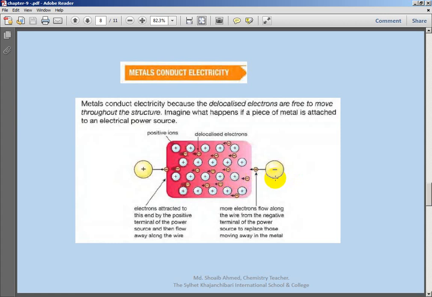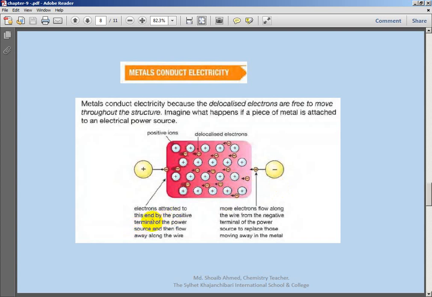This is the source of electrical power, with a positive and a negative end, like a battery. From the negative end to the positive end, electrons are moved. Look, have you seen the direction?